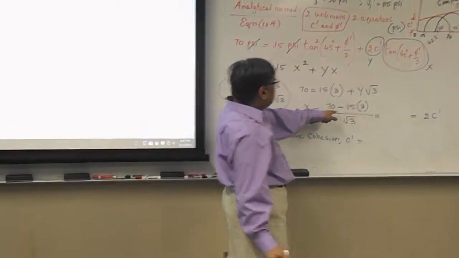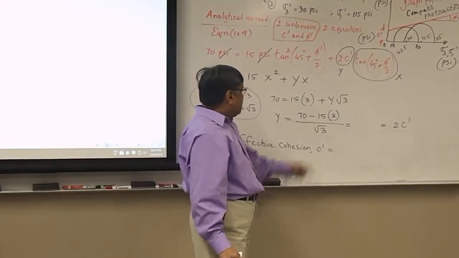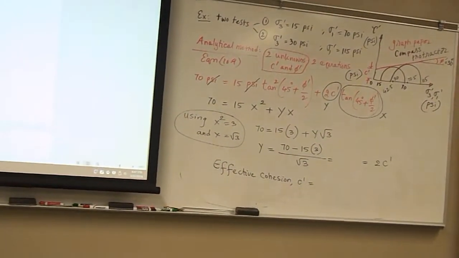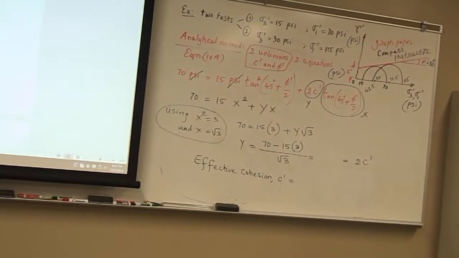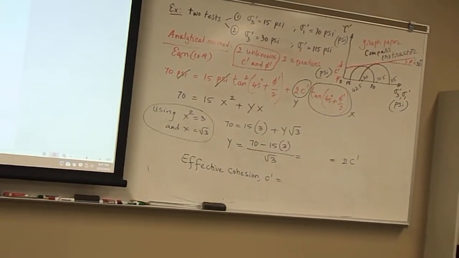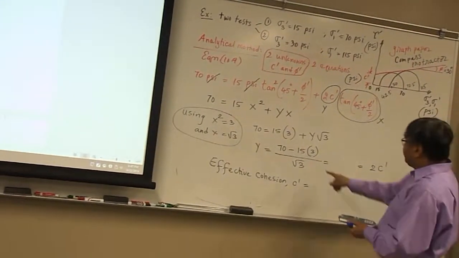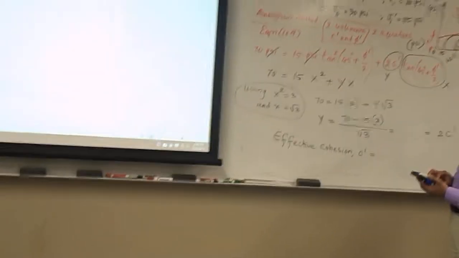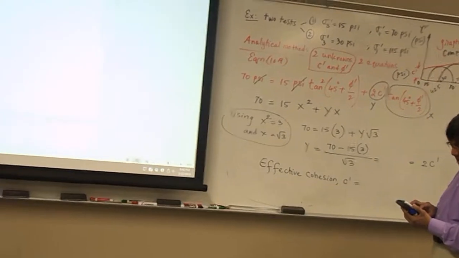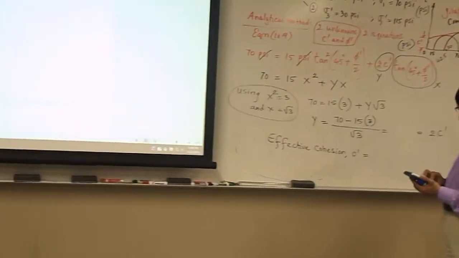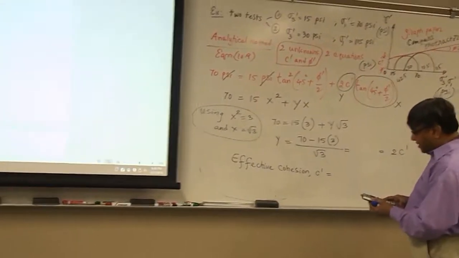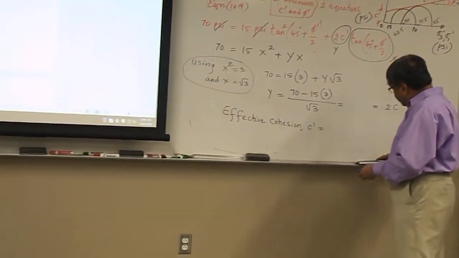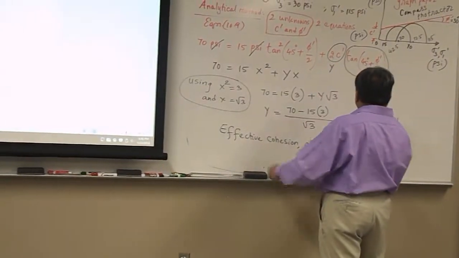So here this is 70 minus 45, let us calculate that one. 70 minus 45 is 25. 25 divided by square root of 3, I'm getting this as 14.43.